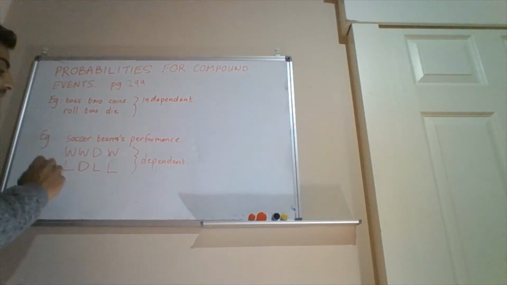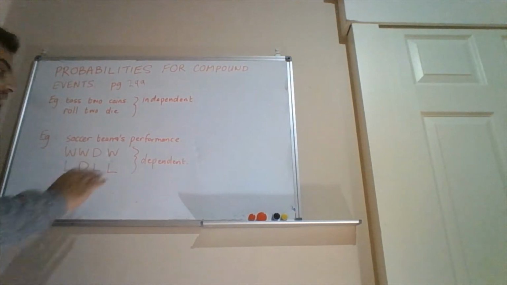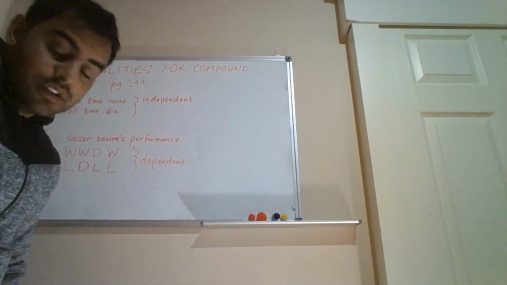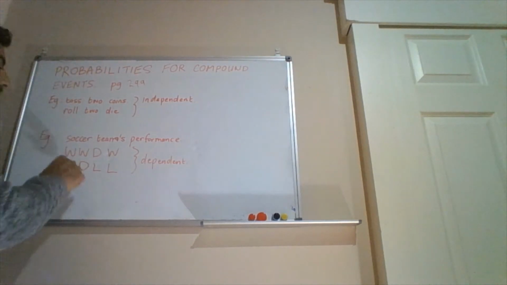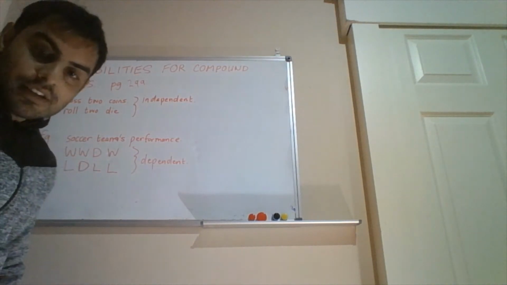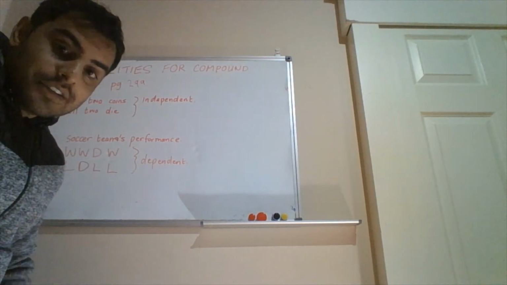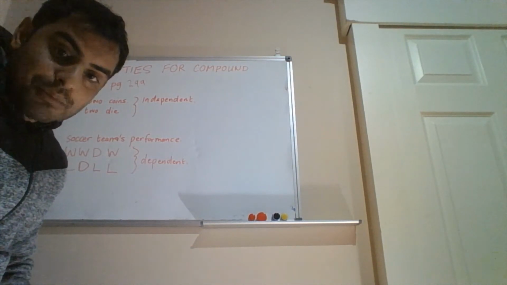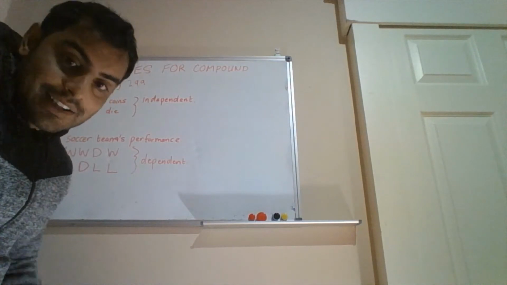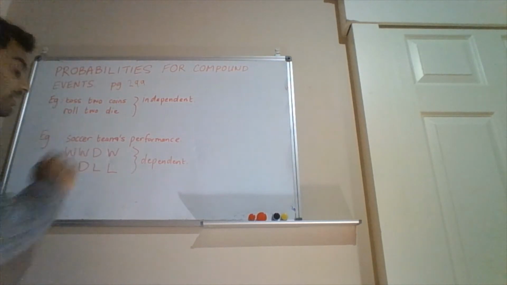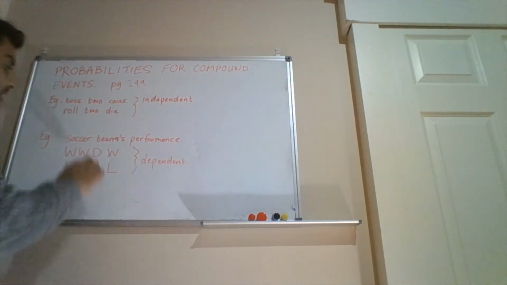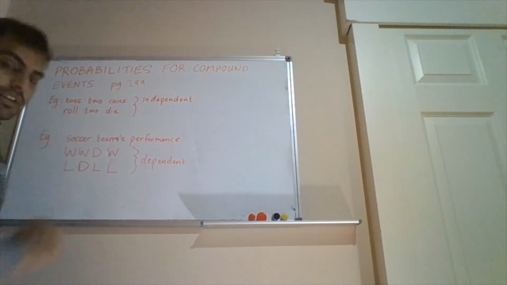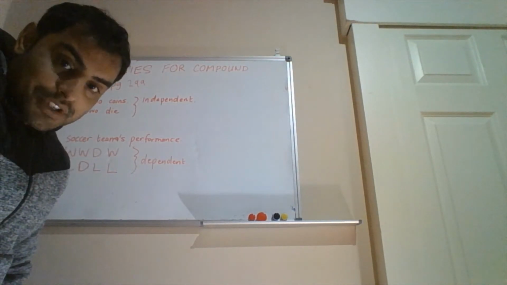And so what sometimes happens is that a team will go on a winning streak or a losing streak. So for example, if the team has a big win in the first game, chances are they will go into the second game with a great deal of confidence and high spirits, and they might very well win the second game. So the results of the second game depended on the results of the first game.